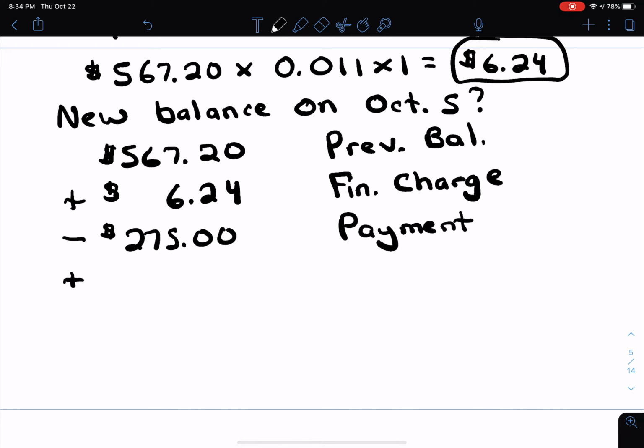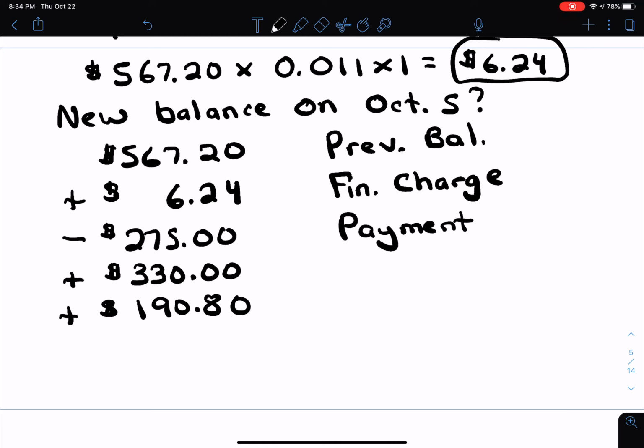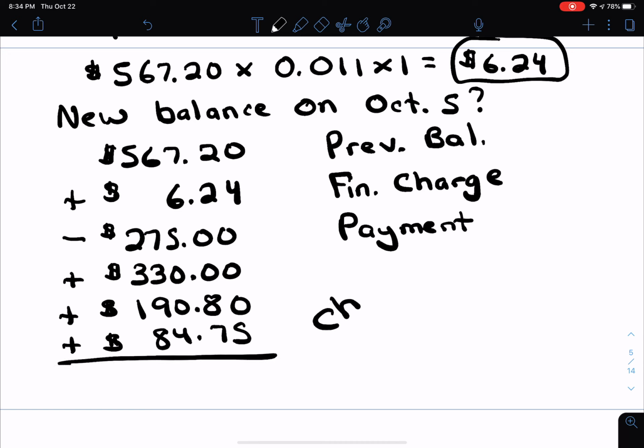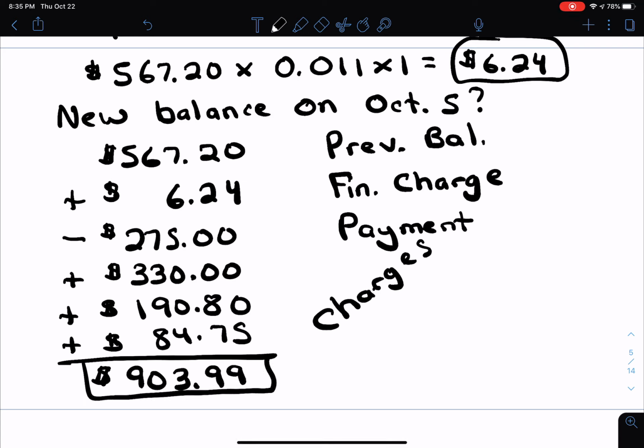You add in the $330 charge, add in the $190.80 charge, and then add in the $84.75 charge. And when you do that, you get a grand total of $903.99. So as of October 5th, that credit card has a balance of $903.99.